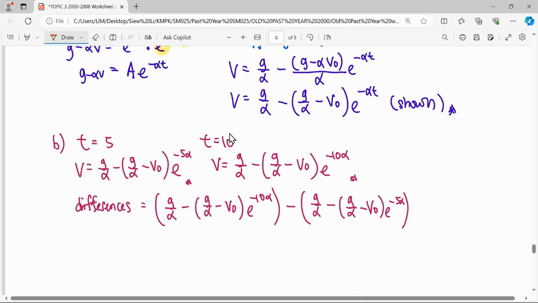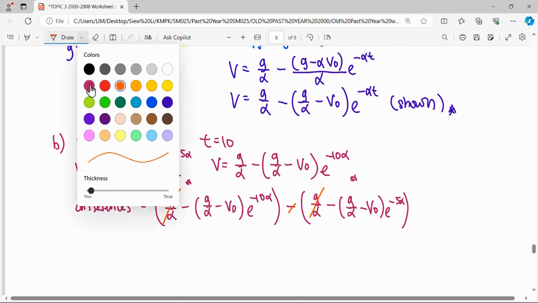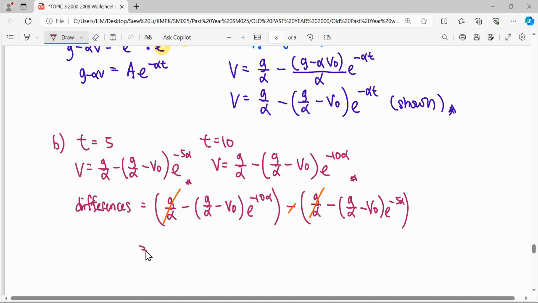From here we can identify that g over alpha minus g over alpha cancels. The remaining term, we can take out the negative, which becomes positive.